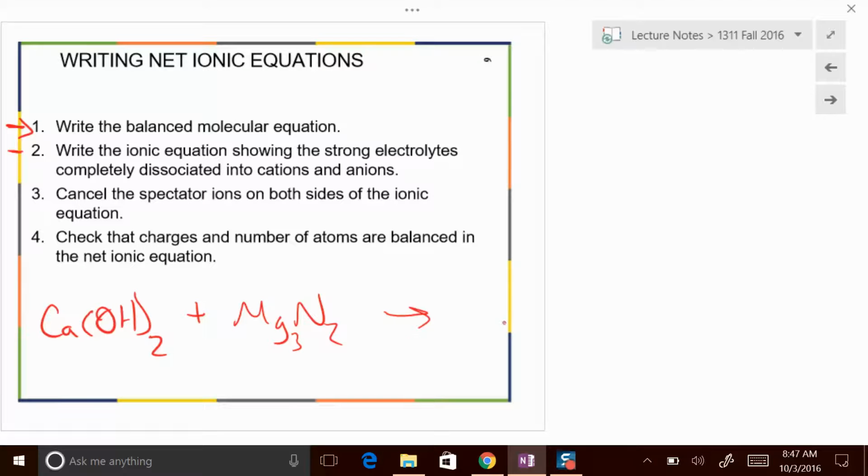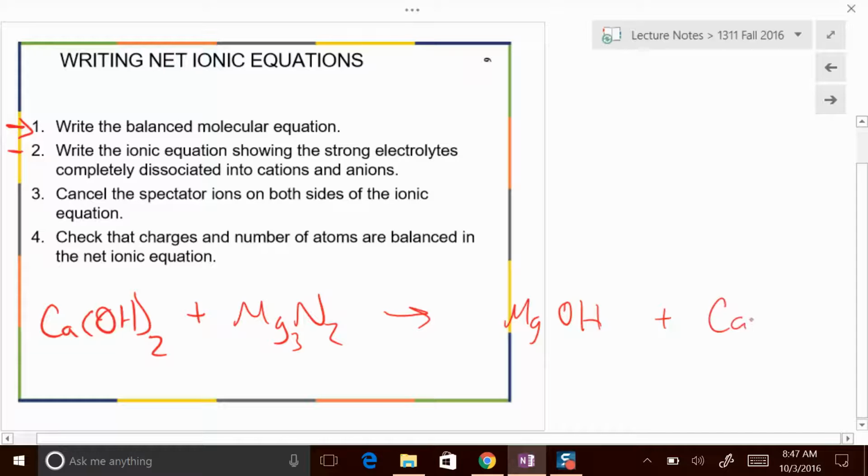Magnesium hydroxide and calcium nitride. Okay. Are these written correctly? So that's right. Those are the right products.